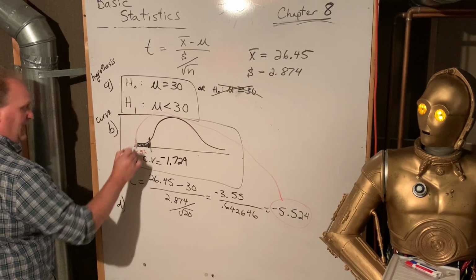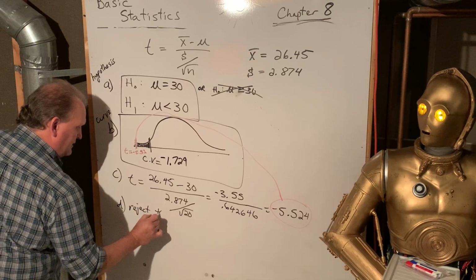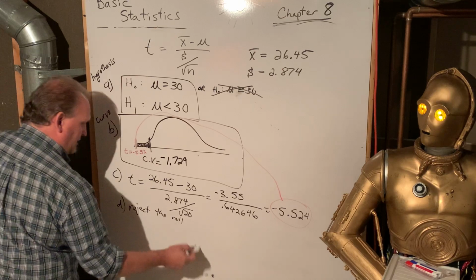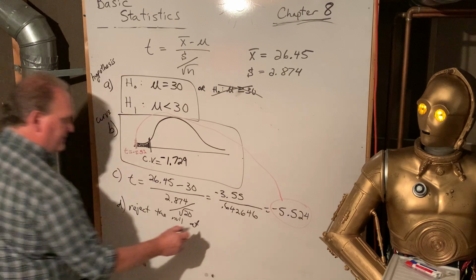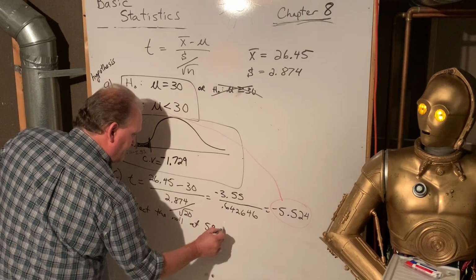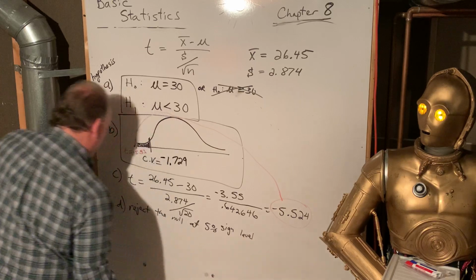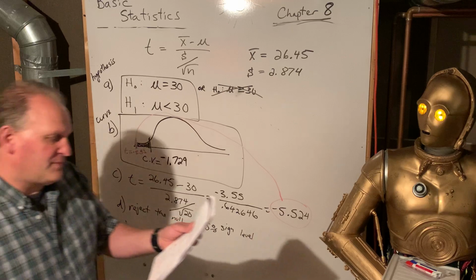Well, this is really heavy evidence to reject the null hypothesis. All right, so we reject the null at the 5% level.